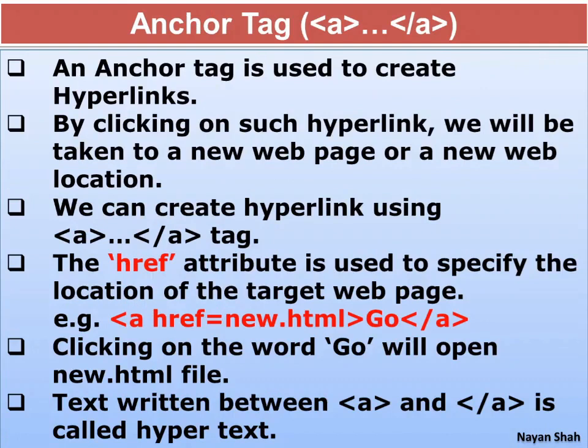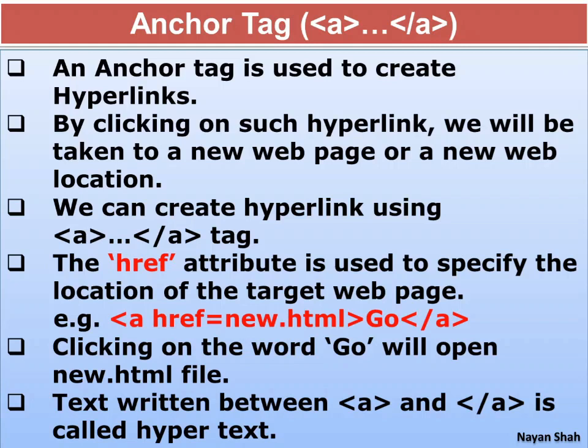Now let us understand the anchor tag to create a hyperlink. You must be familiar with hyperlinks. Whenever you open any web page, you see some text written in blue color with underline, and when you move your mouse over that text, it becomes a pointed hand, and as you click on that text, it will take you to some other location in the same page, or it may open an entirely new web page.